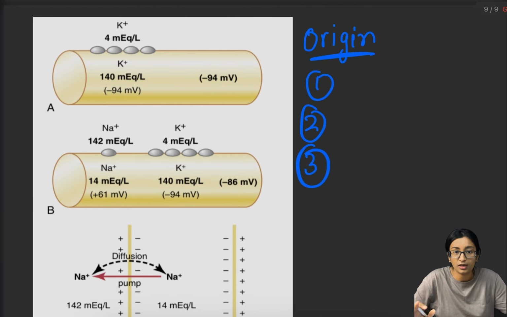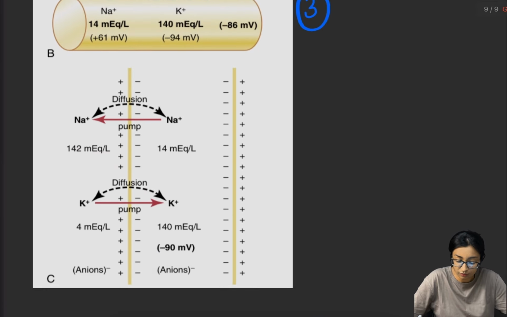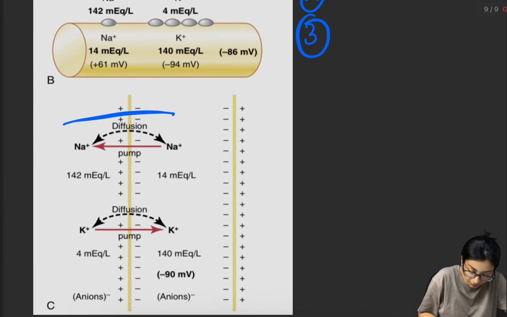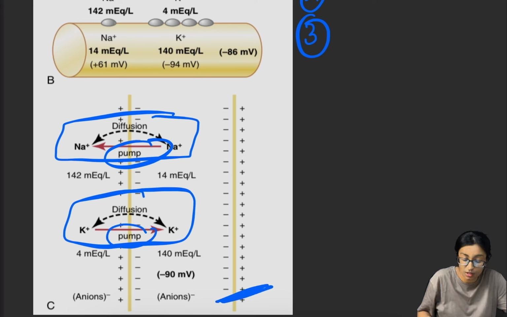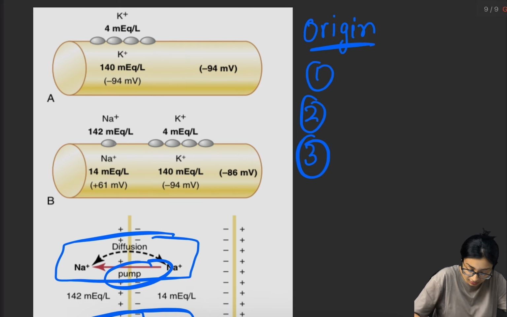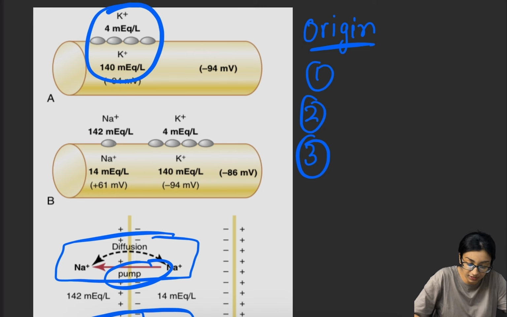Finally, the normal resting potential will require three things: the diffusion of sodium and potassium, and the sodium potassium pump itself. Inside the cell it will be minus 90 millivolts. Then in the first and second case, there is diffusion of only potassium, so the inside is minus 94.